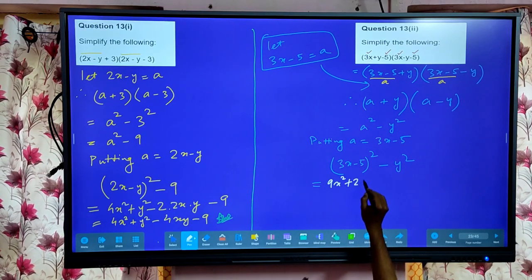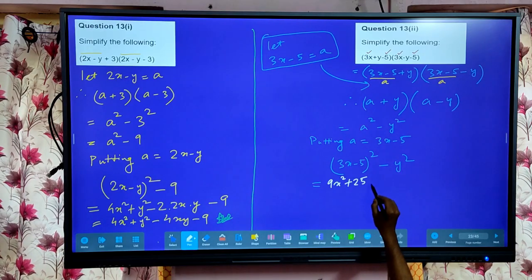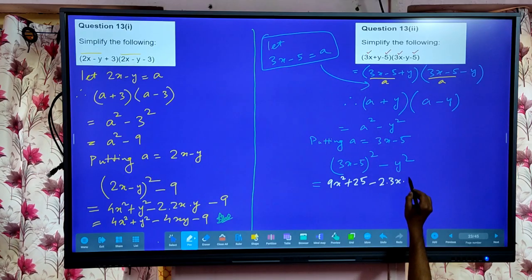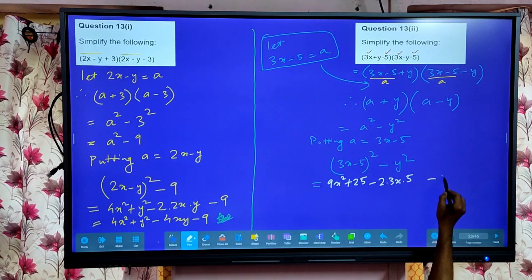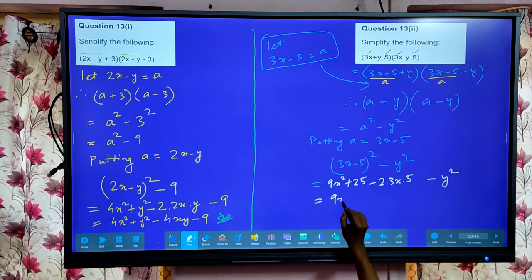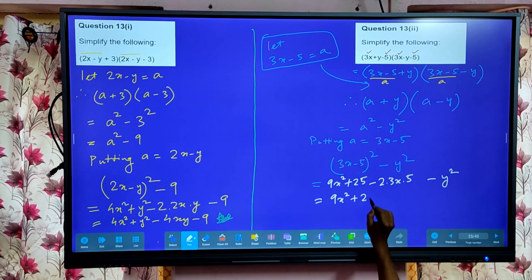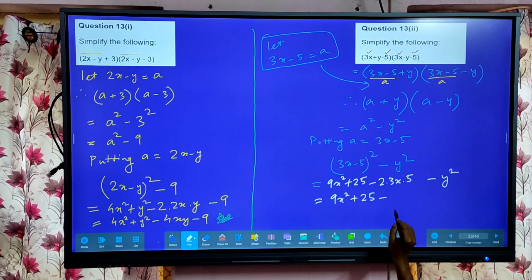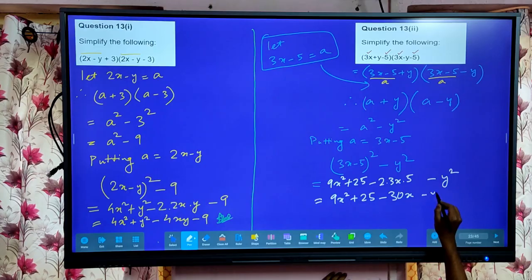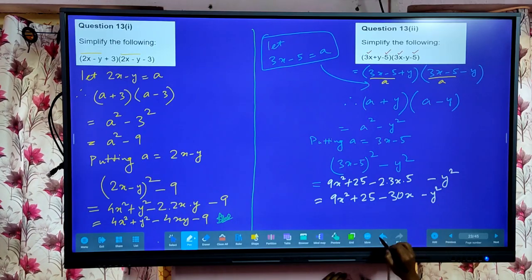I'm writing directly 25, then 2ab is minus 2 into 3x into 5, then it is minus y square over here. So one more step, this will be 9x square plus 25 minus 30x minus y square.